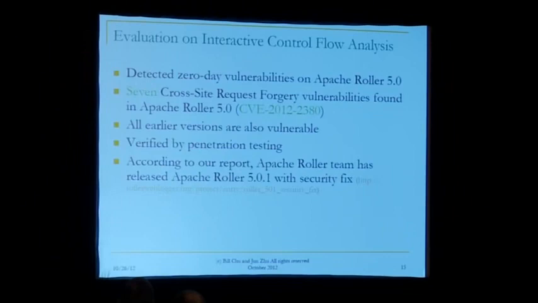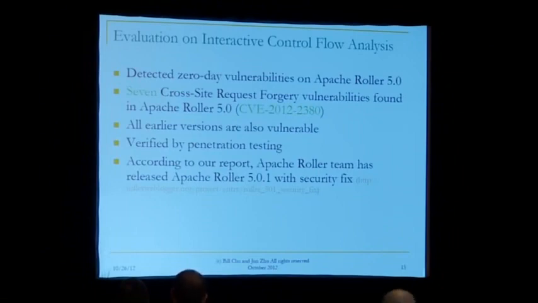And sure enough, we found 7 0 days. There were 7 vulnerabilities that started at least from Roller 3.1 to Roller 5.1, which is the current release. They've done numerous facelifts in frameworks and UI, but those CSRF protection gaps just sailed on. So we pen tested all the versions in the middle. They all have these problems.